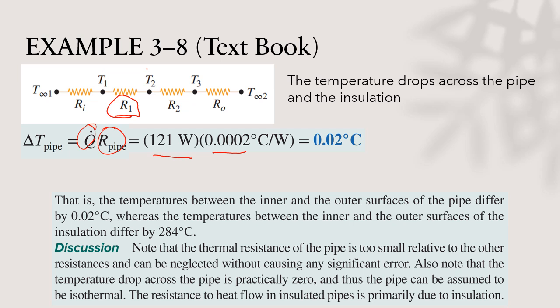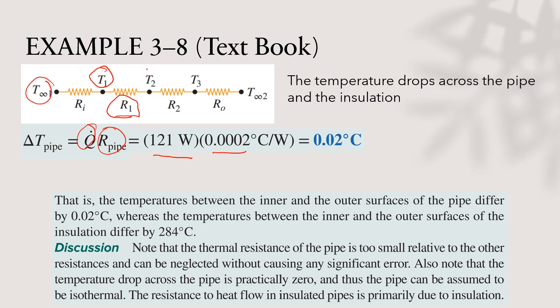Okay, we can use this similar approach if we want to calculate, for example, T1. If we want to know the value of T1, we can calculate it using this similar approach because we know Q dot, we know R pipe, and we know T infinity 1.